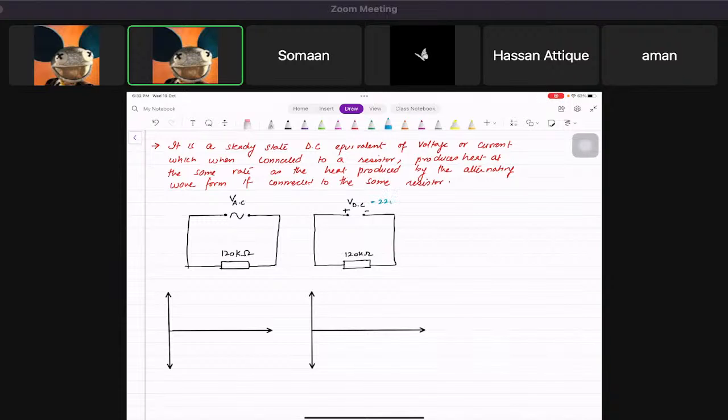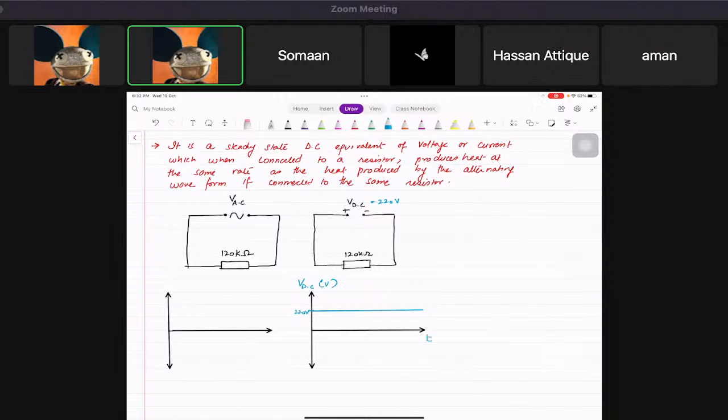So 220 means that the resistor is going to get a constant supply of 220 volts. Right? This is what DC means, throughout the time, okay?